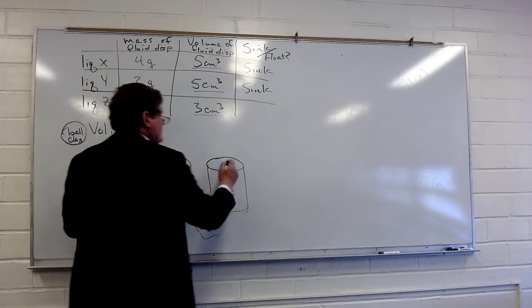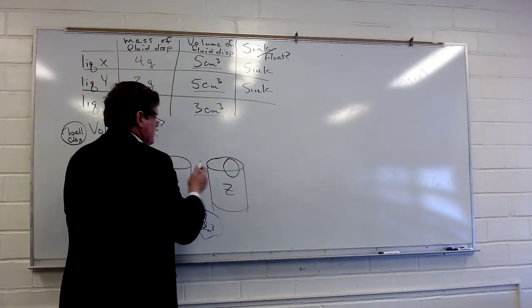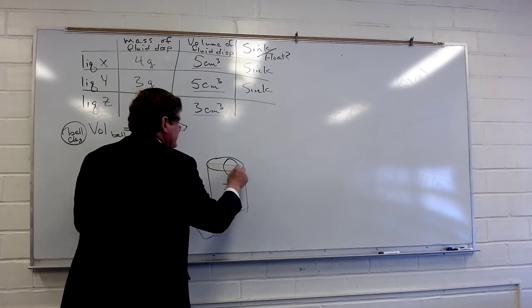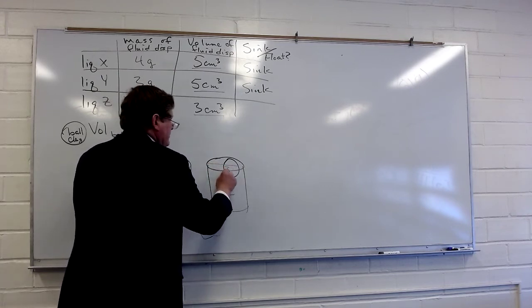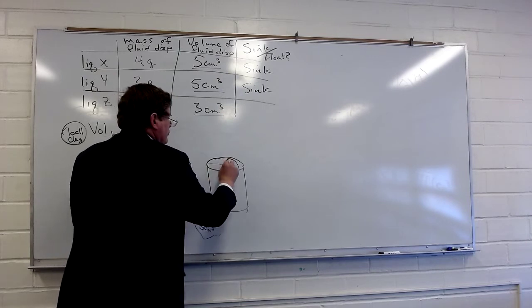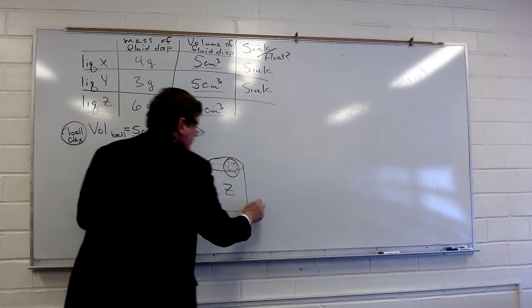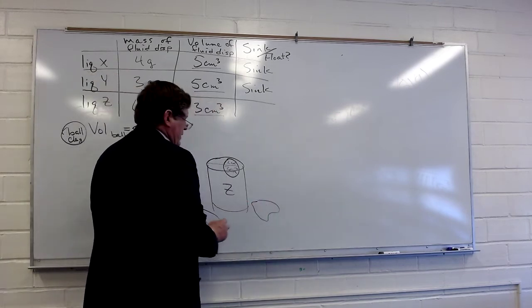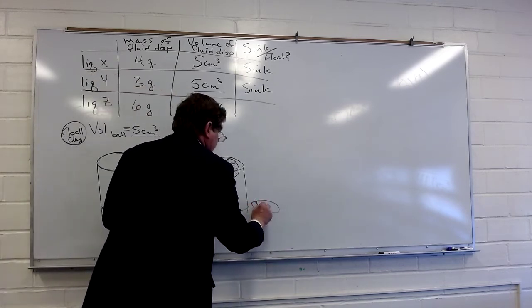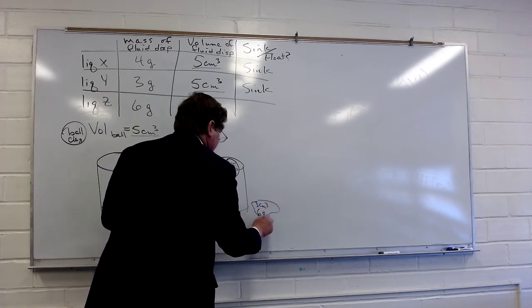So that means that this ball must be floating with 3 centimeters cubed below the surface and 2 centimeters cubed above the surface. And that's going to give me a puddle that is 3 centimeters cubed and 6 grams.